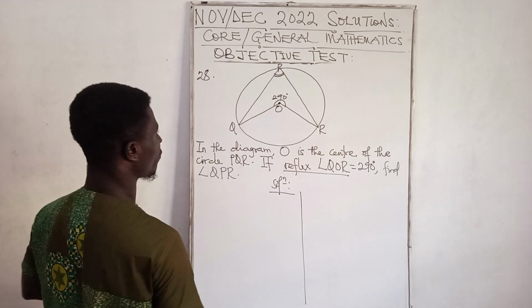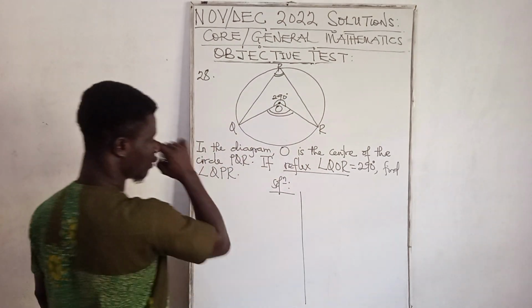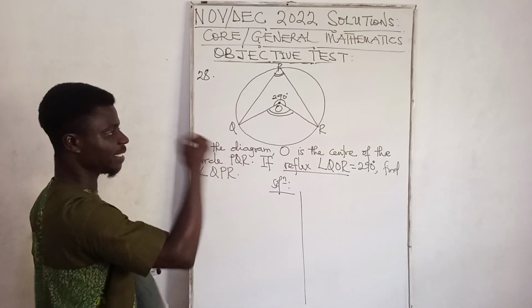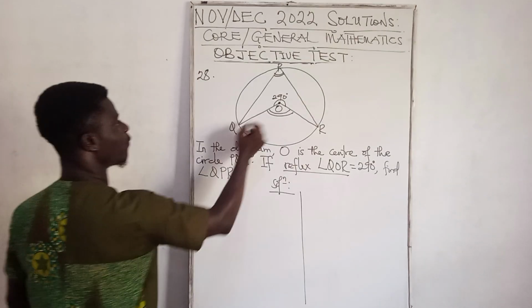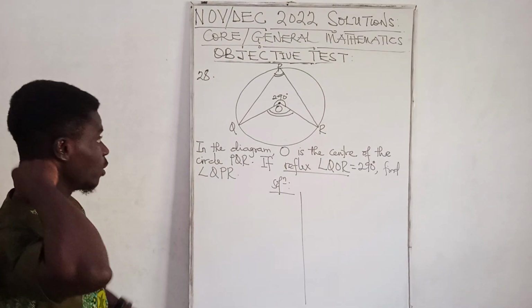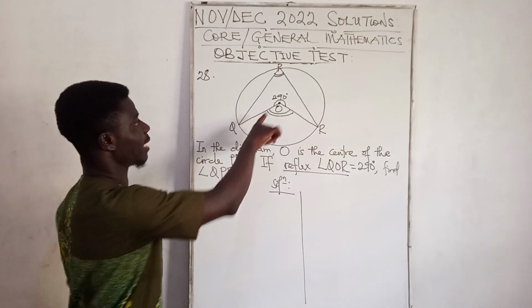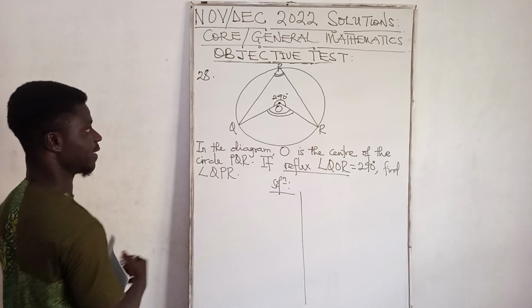Now we can find this angle here. That's angle QOR. Don't forget, angle QOR is different from reflex angle QOR. These two angles meet at a particular point, which is the center. So they add up to 360 degrees.